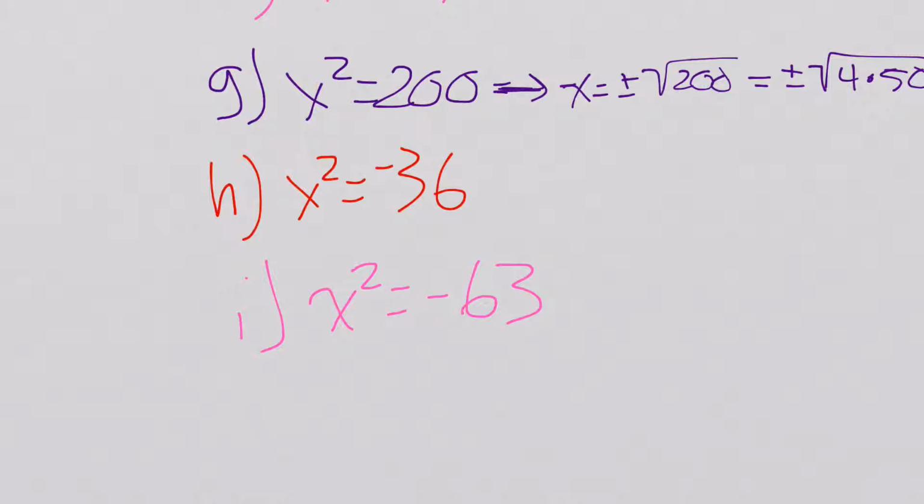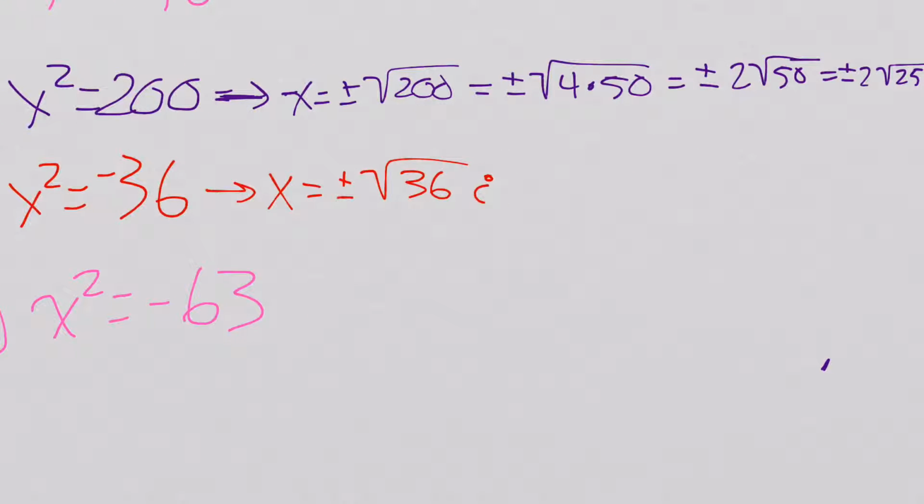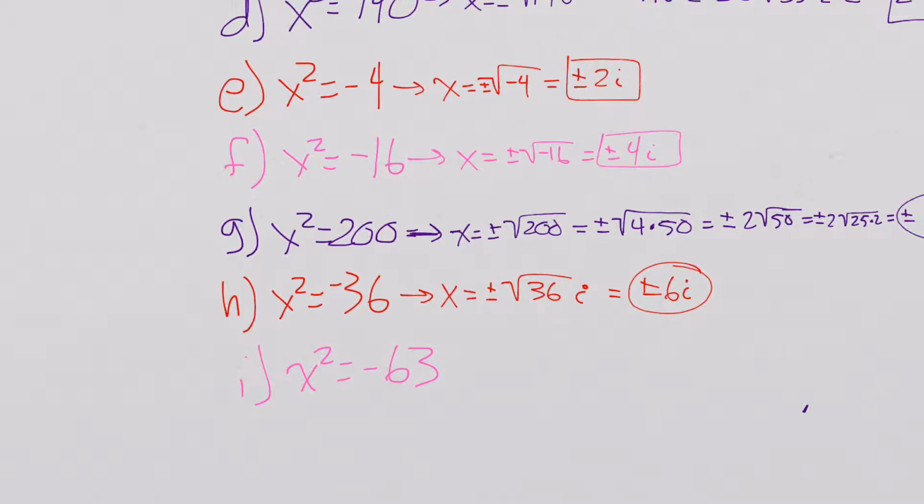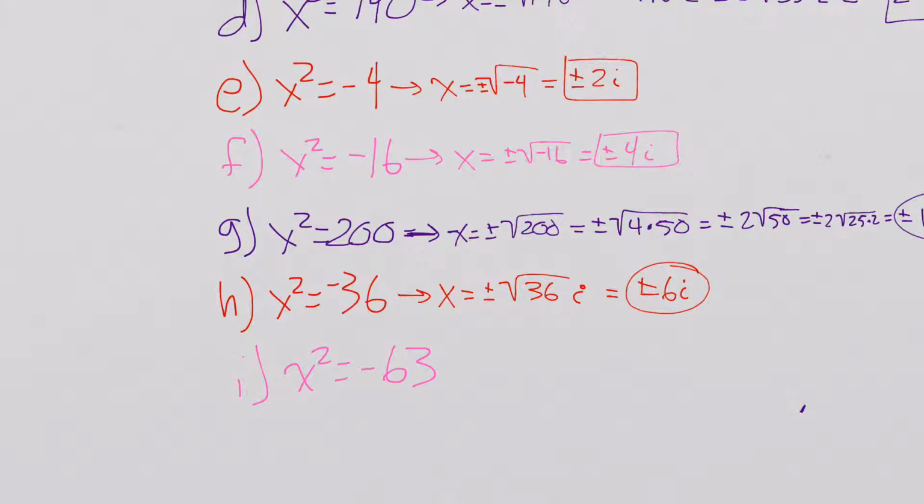x squared equals negative 36 means x equals plus or minus the square root of positive 36 times i. Took that negative out, so I get plus or minus 6i for the square root of negative 36, and that agrees with the answer key. So we will do our last one. But look, x squared equals negative 63.